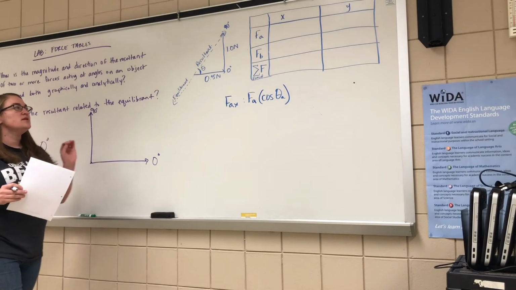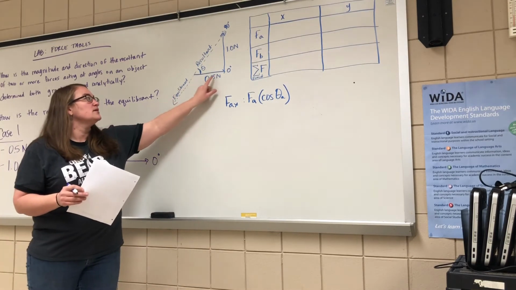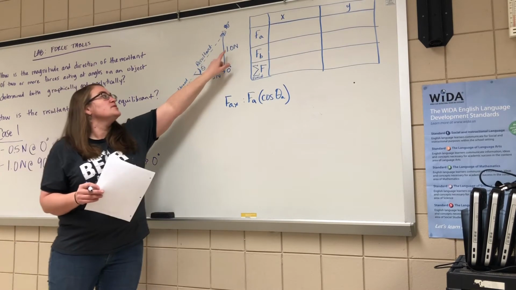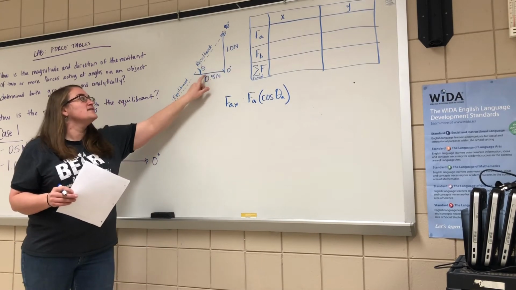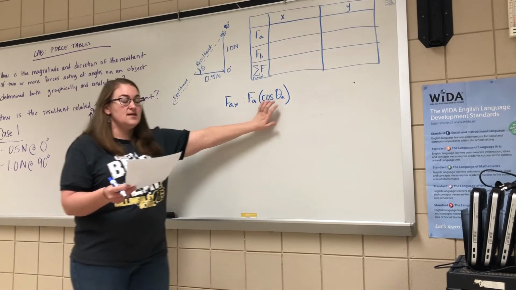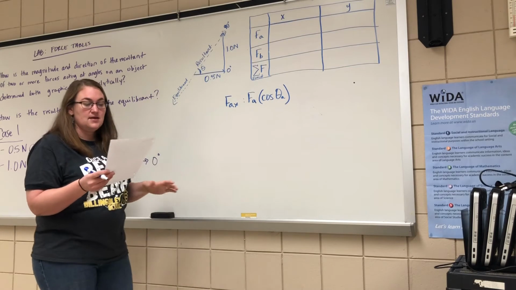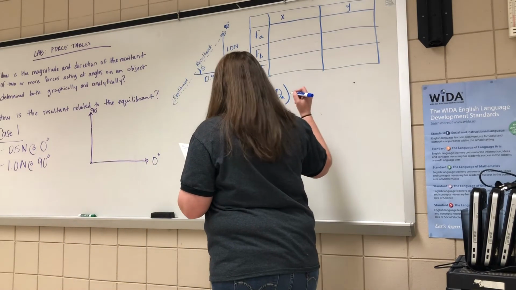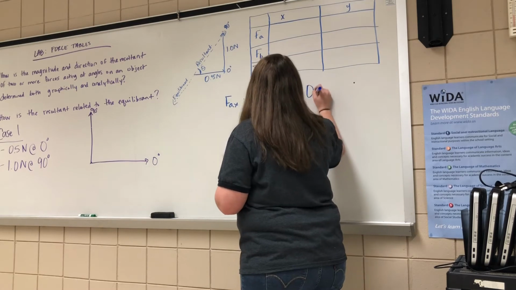Now, why are we using cosine with this? Opposite would be with this one, but this side is adjacent to theta. So we're going to say force of A times the cosine of A, and then we're just going to plug in, and we're going to have 0.5 newtons.